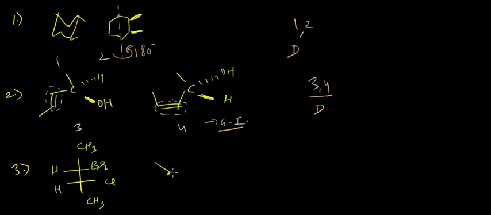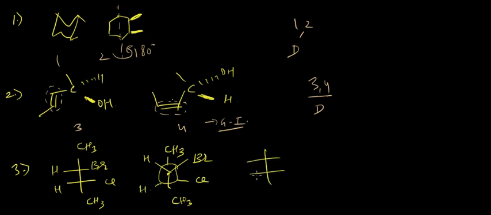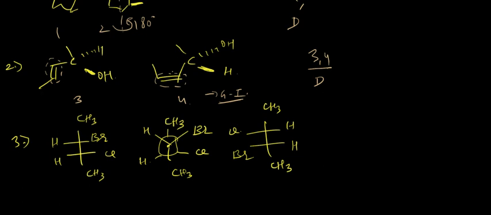Here we have H, Br, CH3, and at the back of the carbon, in the Newman projection, we have Cl and H. And the third one we have something like Br, H, CH3 here, and CH3, H and Cl here. Okay, let us name them as 5, 6 and 7.